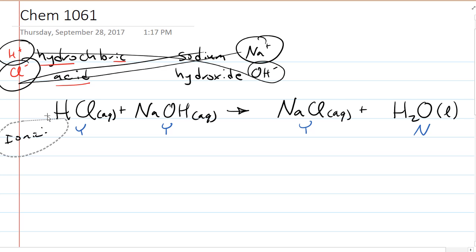To write out the ionic equation, we take all of these strong electrolytes and separate them into their constituent ions. So hydrochloric acid, I know we just finished talking about acids last class period. We would have talked about it containing hydronium ions and chloride ions. However, we are going to write them as hydrogen ions and chloride ions.